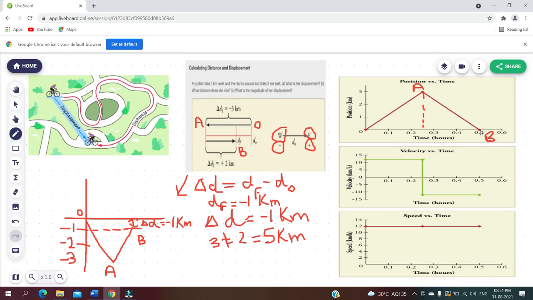So it will be equal to 0 minus 3 divided by 0.5 minus 0.25, which is minus 12. So from 0 to 0.25 it is plus 12, and from 0.25 to 0.5 it is minus 12 kilometers per hour.